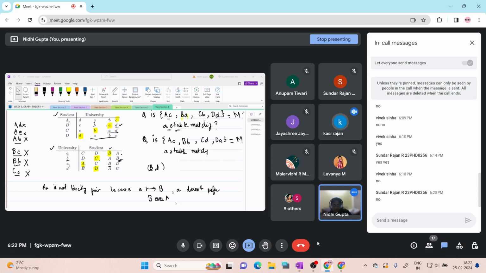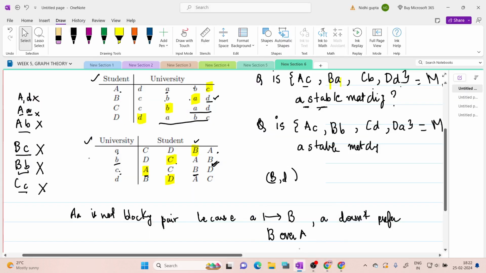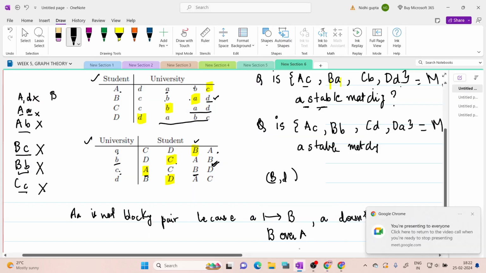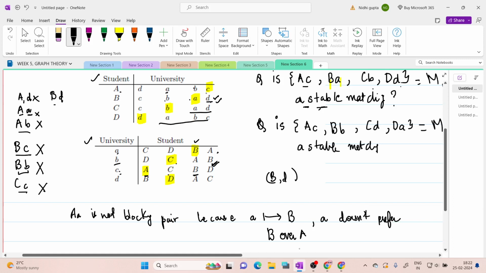Why can we choose AD, AA, AB as well as BC, BB, and not BD? So if you look at BD, in any of the matchings, after the matching is given, B is not happy with this choice, right?